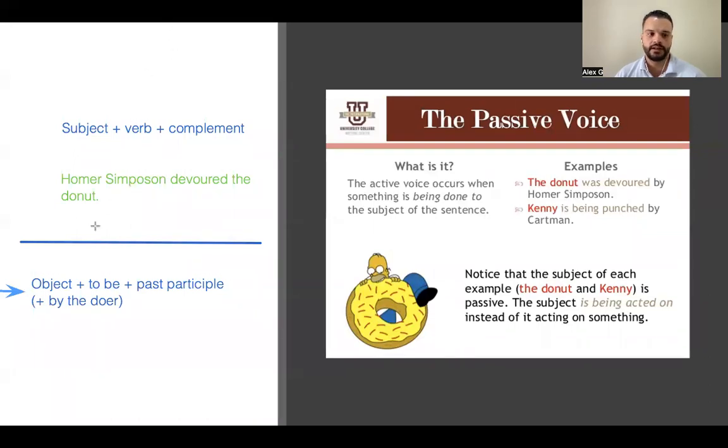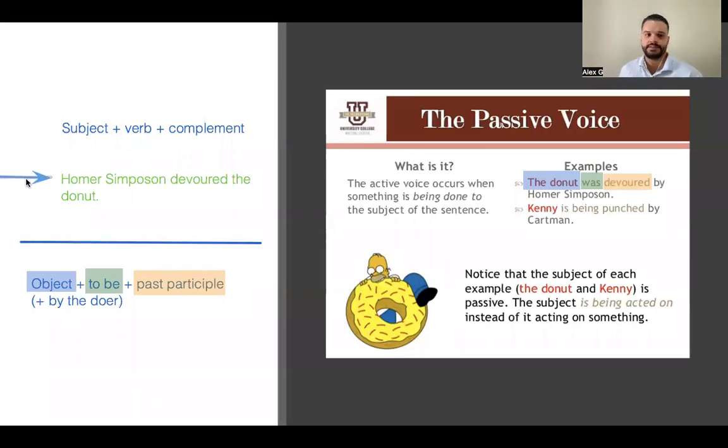So maybe if we make this color-coded, you could see the object is in blue, the donut. The verb to be can be in green, and the past participle will make an orange, so you can actually see how this active sentence was changed into the passive voice.